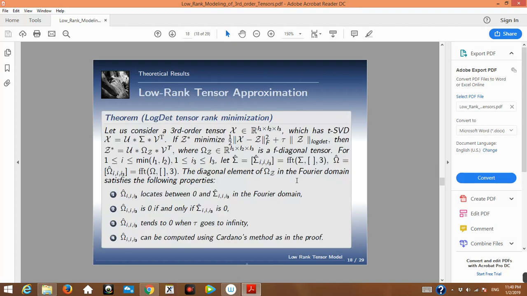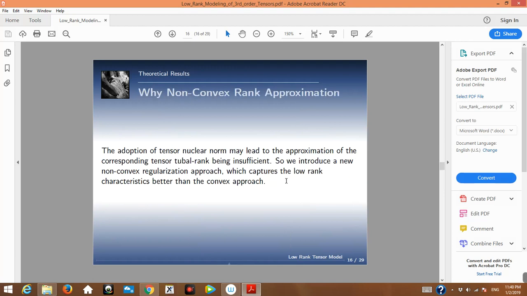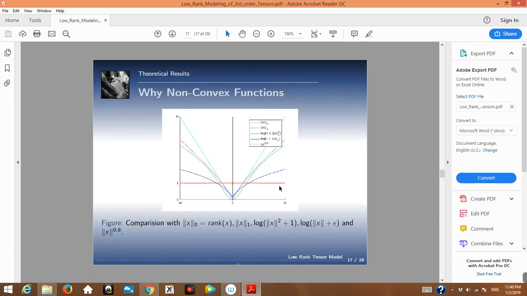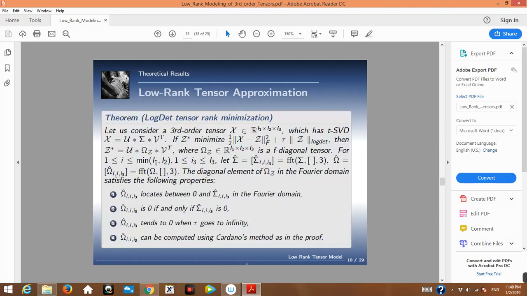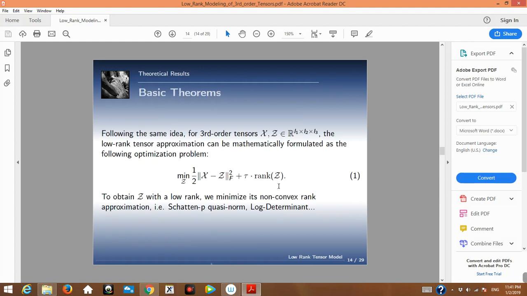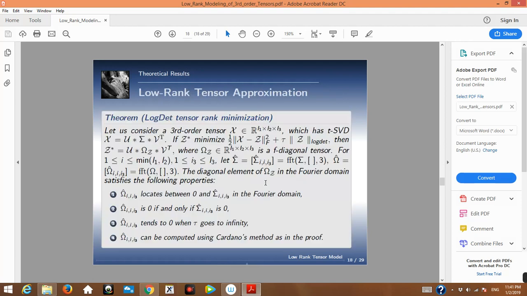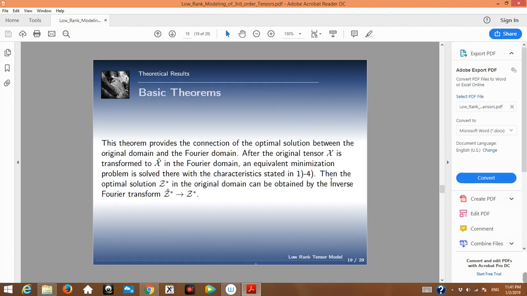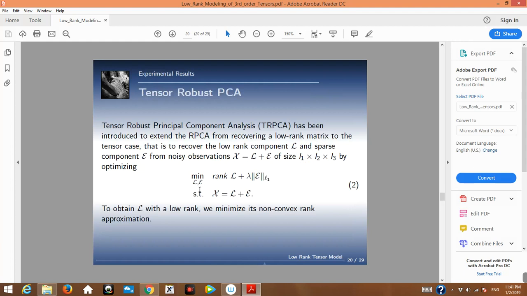Now these are our results for solving this objective function. To solve this optimization problem, we transform the original problem into the Fourier domain. That is, the original tensor X is transformed to X hat in the Fourier domain, and then we solve the objective function in the Fourier domain, and then we take the inverse Fourier transform. This theorem is very useful.